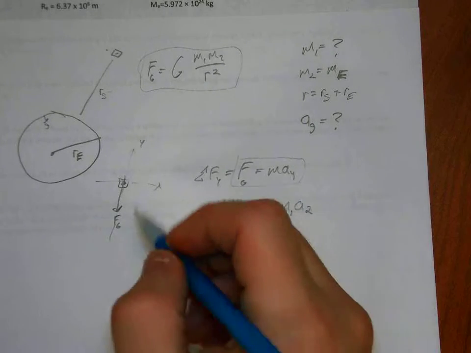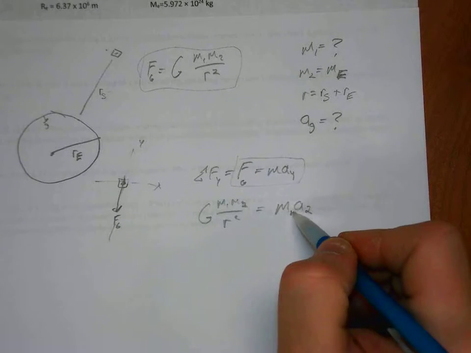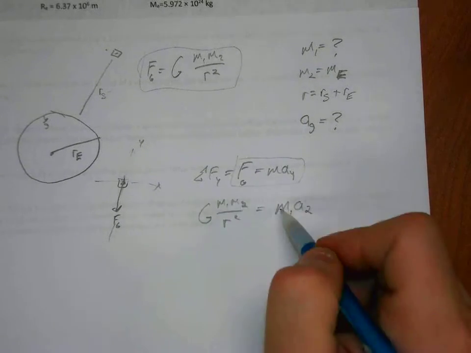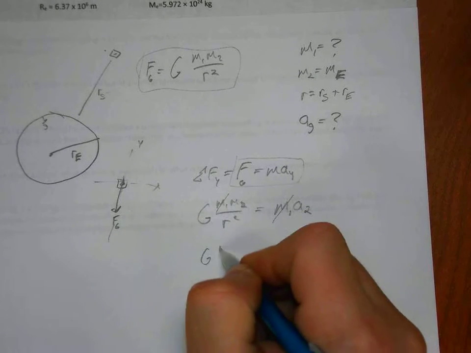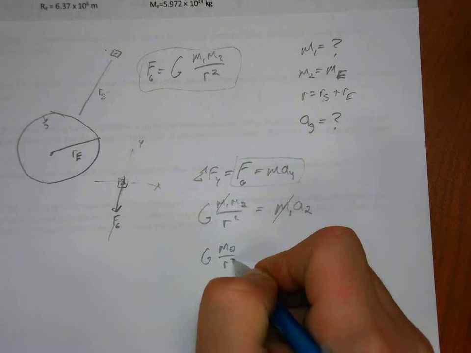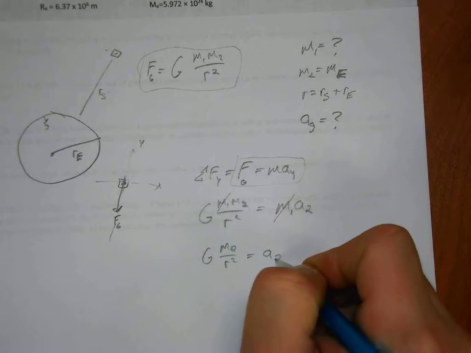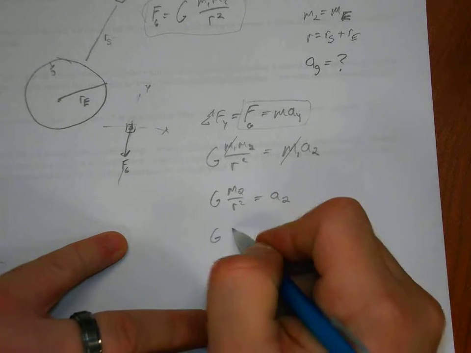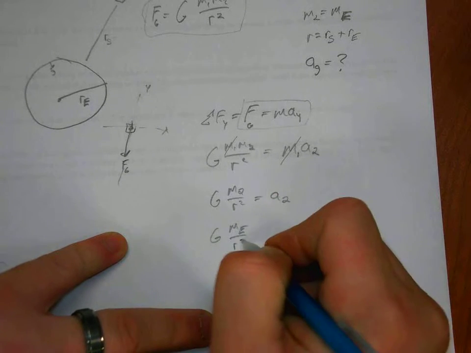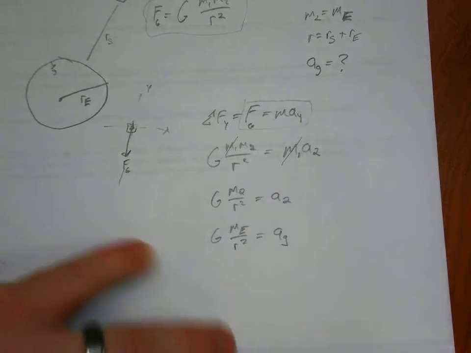But right now, we're just looking at the forces on the satellite, so that's M1 and M1. Well, immediately you see M1 and M1 cancel, so G M2 over r squared equals a2. Or in other words, G times the mass of the Earth over r squared is equal to the acceleration of gravity.